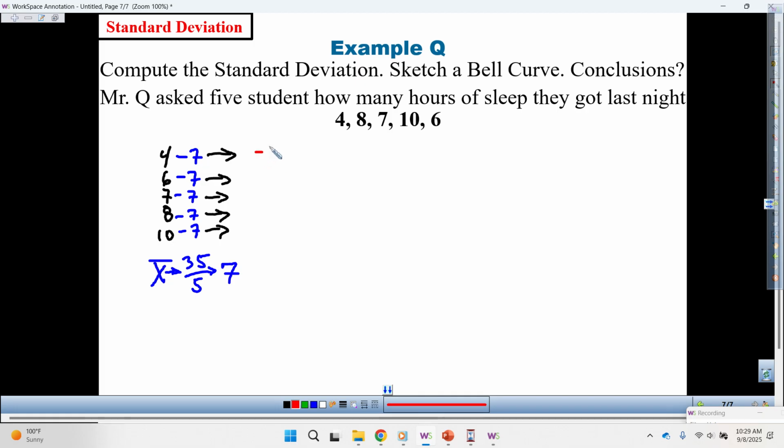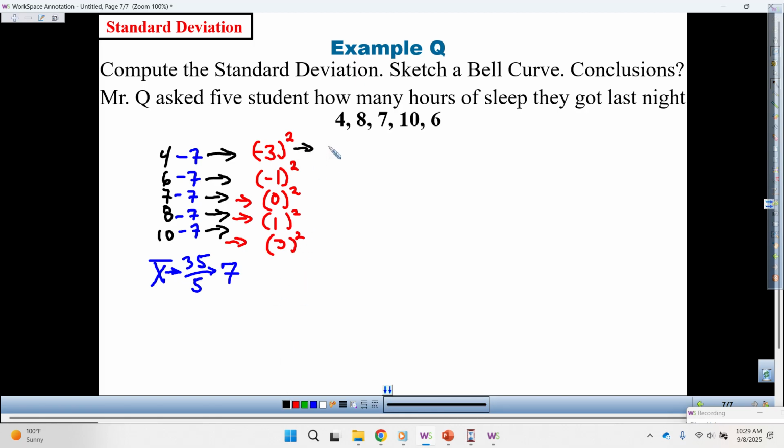What is 4 minus 7? That's negative 3, and we write it to the second power. Next one, 6 minus 7 is negative 1 to the second power. 7 minus 7 is 0 to the second power. 8 minus 7 is 1 to the second power, and 10 minus 7 is 3 to the second power.